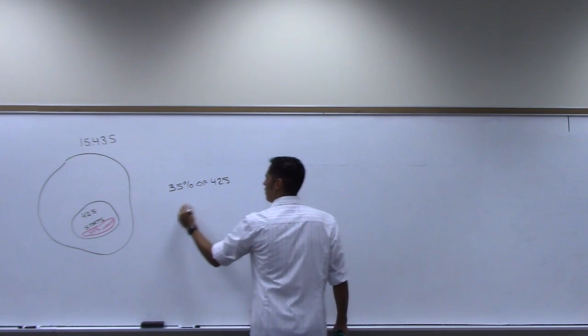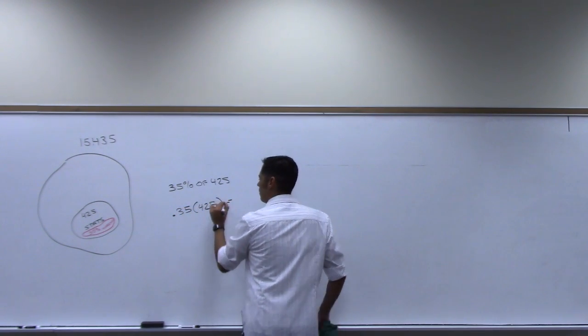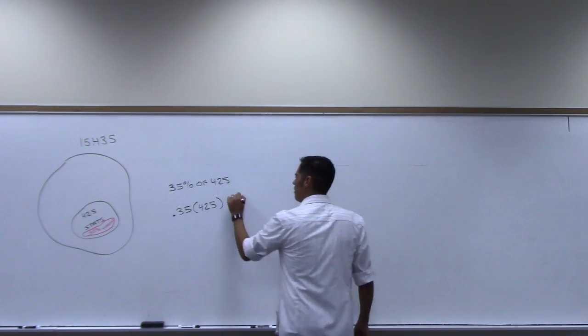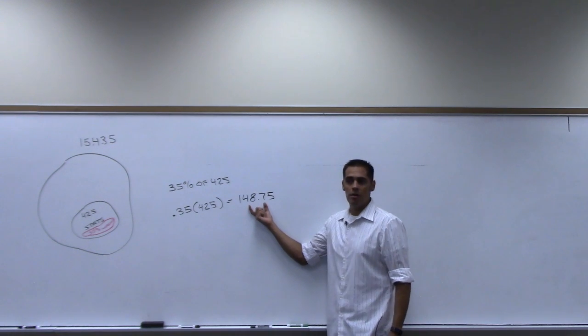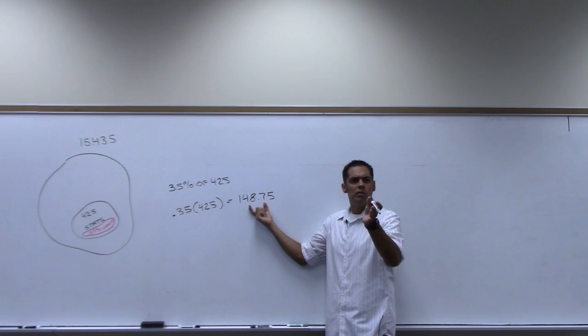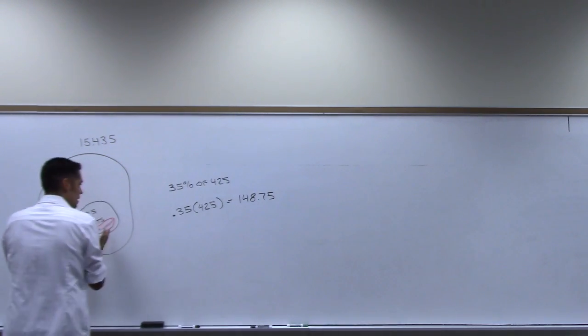And when you do that, this is 0.35 times 425, and that gives you 148.75. Okay, that's how many students are going to go into nursing. And it wants to know what percentage of the total Northwest Vista body is going to go into nursing.